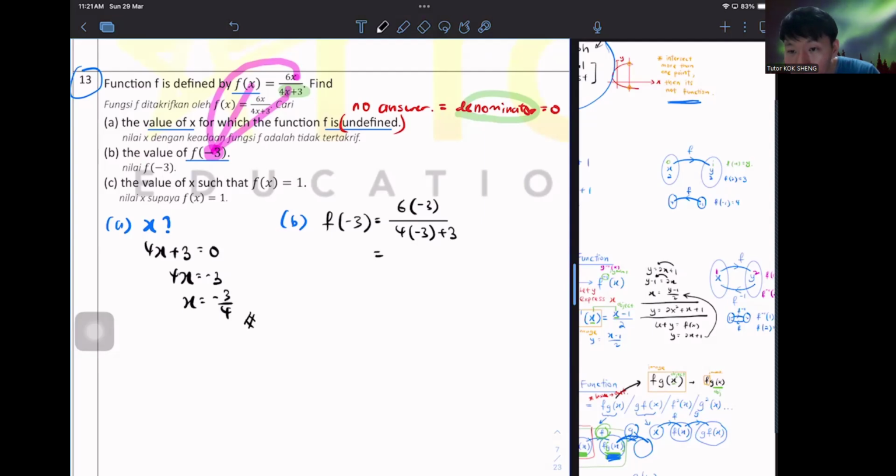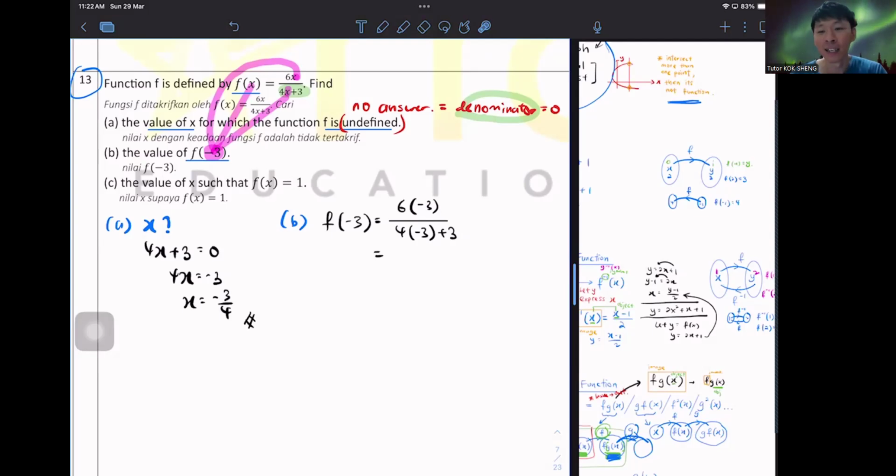Alright. How about the 6x? I mean, which one do you mean? 6x we sub already. The x got sub already. We sub 3 already. Or are you referring to the part A? Oh, part A. Part A actually no need because for a fraction, if the number on top is 0 or whatever number, you divide by bottom, you still can get answer.